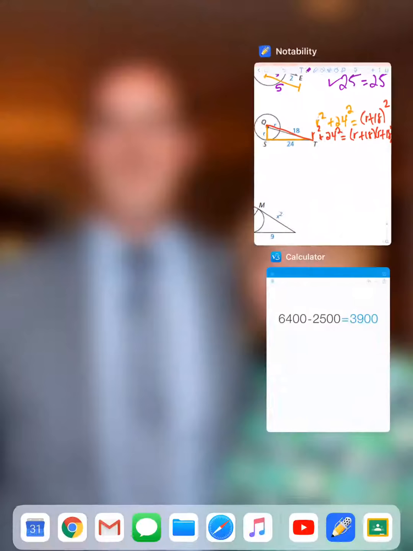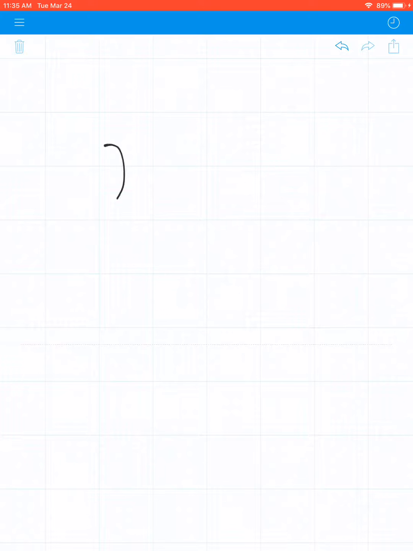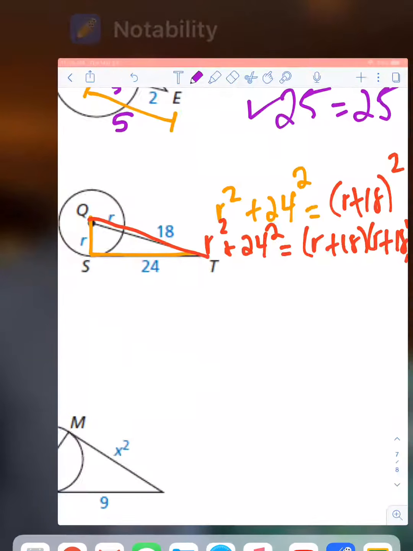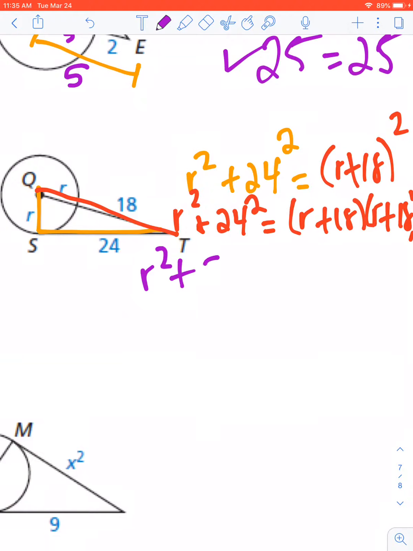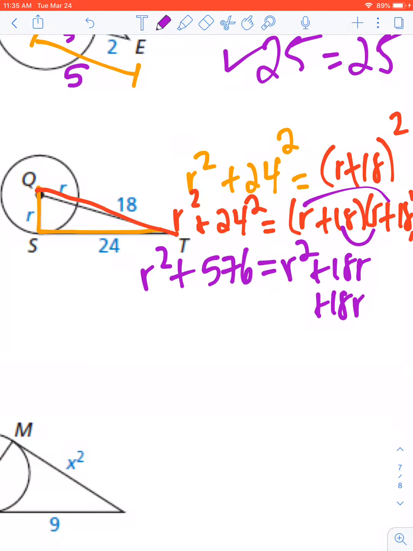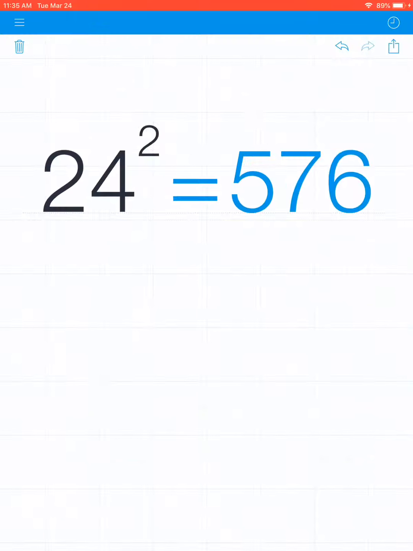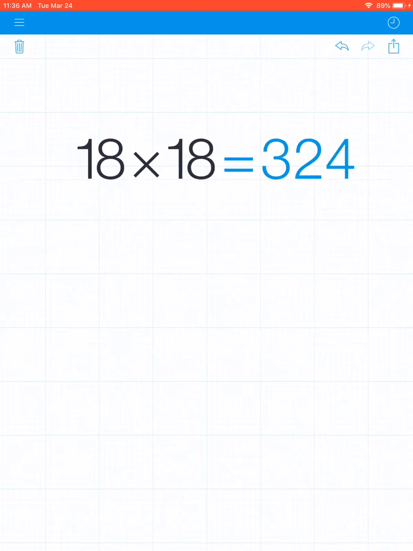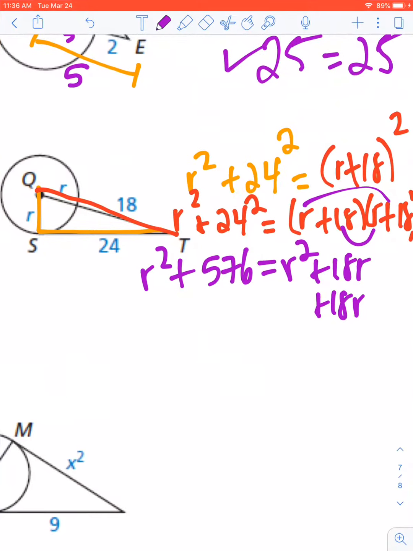All right, so if you don't know, 24 squared is 576. And then r times r is r squared plus 18r plus another 18r. And then 18 times 18 gives me 324.